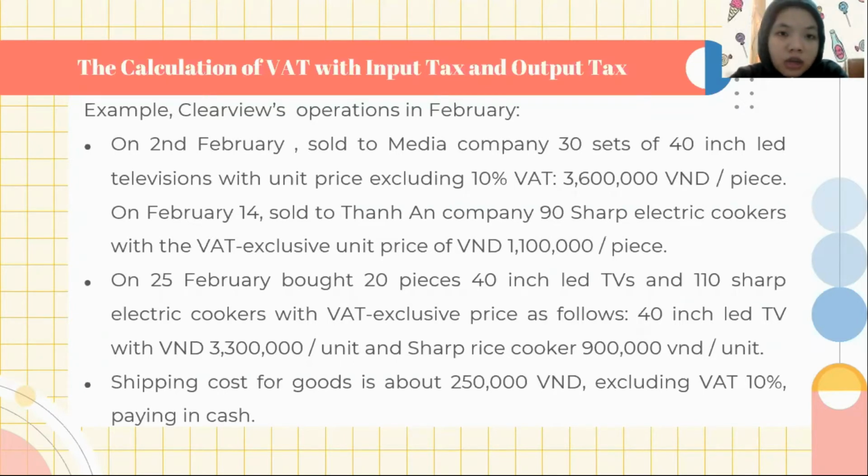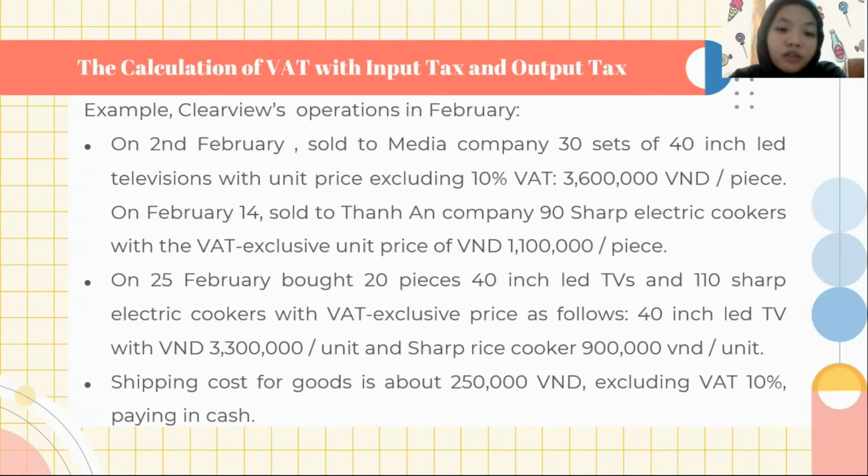Here we have Clearview operations in February. On 2nd February, sold to a media company 30 sets of 40-inch LED televisions with unit price excluding 10% VAT of 3,600,000 VND per piece. On February 14, sold to the company 20 Sharp electric cookers with the VAT exclusive unit price of VND 1,100,000 per piece.